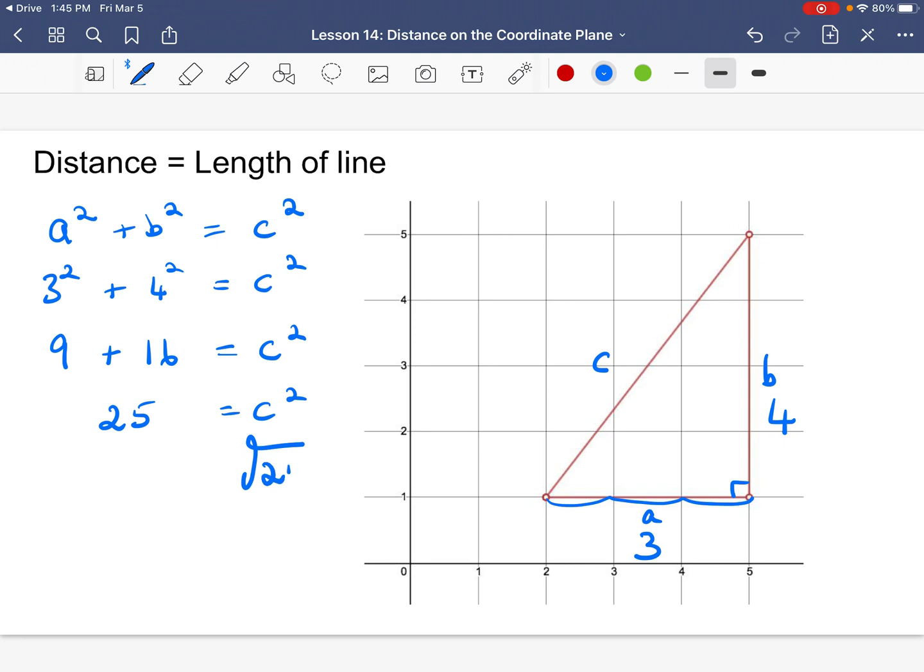So now I will get the square root of both sides, square root of c squared and the square root of 25. And the square root and the square cancel each other out. I'm left with c equals the square root of 25, which is 5.